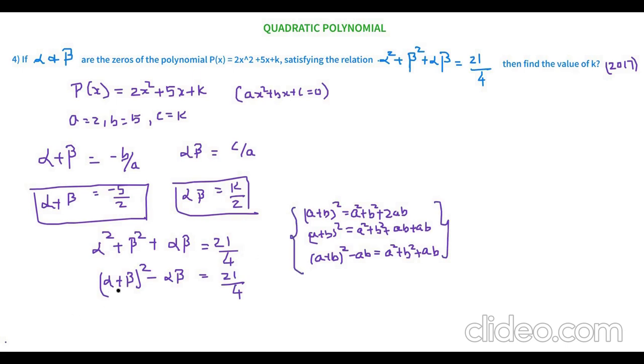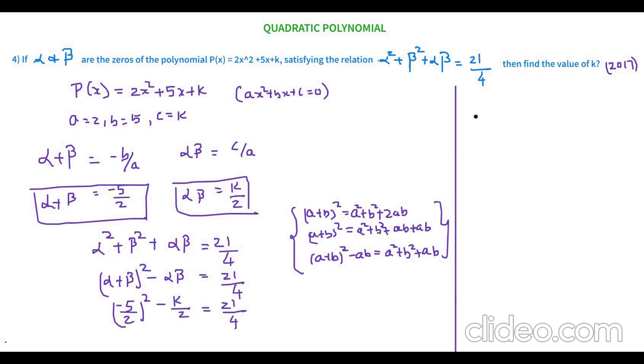So alpha plus beta the whole square. We know alpha plus beta is minus 5 by 2, the whole square, minus k by 2 equals 21 by 4. Now let us further simplify this.